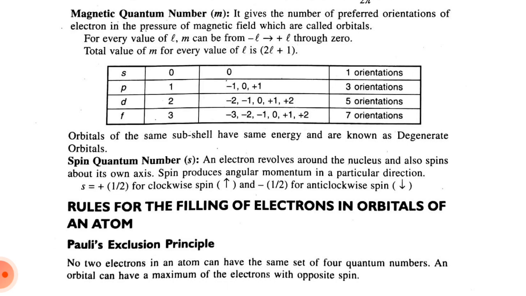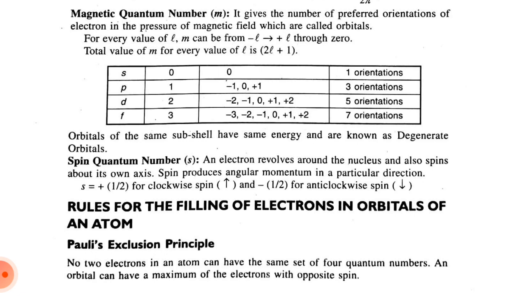Magnetic quantum number m. It gives the number of preferred orientations of the electron in the presence of a magnetic field, which are called orbitals. For every value of l, m can be from −l to +l through 0.